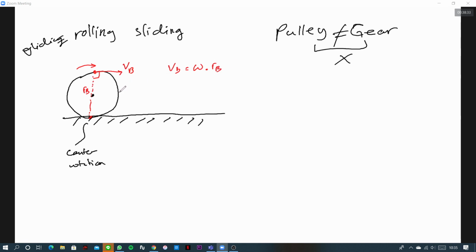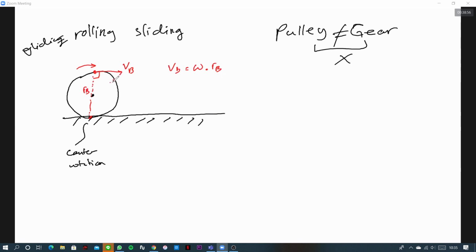Now, find the velocity at any point on the circumference. Circumference means the outer edge. So the velocity is not like this anymore. The velocity should be like the way your friend is drawing.